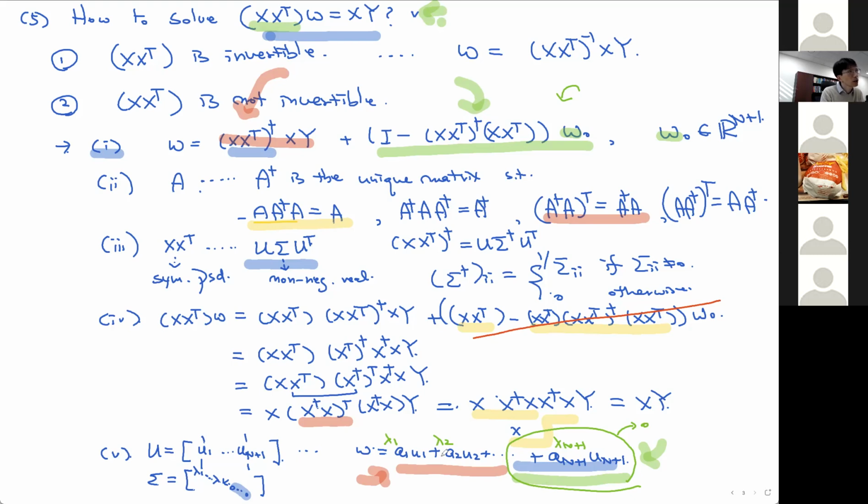And then for the remaining part, this one says it has to be exactly the same as x times 1. Again, I'm not going to go through the details, but the point I'm trying to make is that the form of W says how W should look from the eigenvectors for non-zero eigenvalues and eigenvectors for zero eigenvalues.